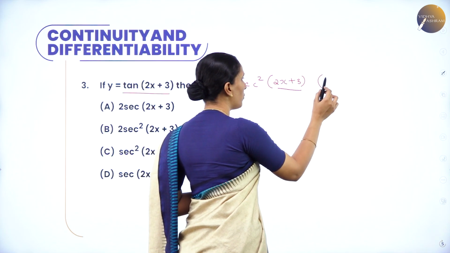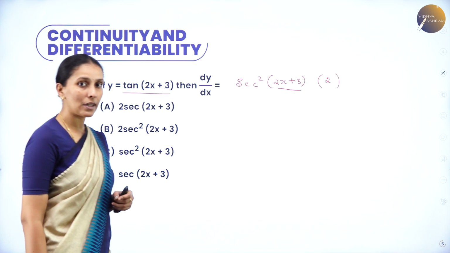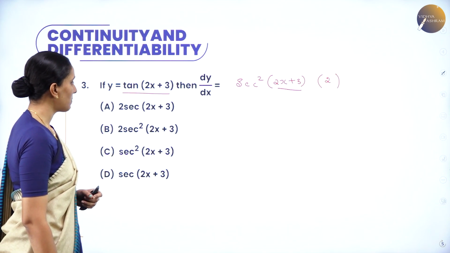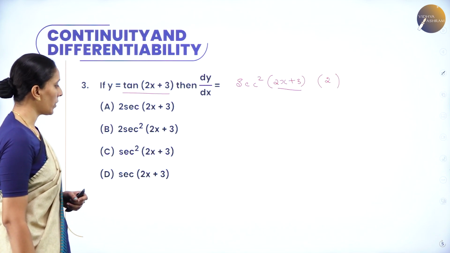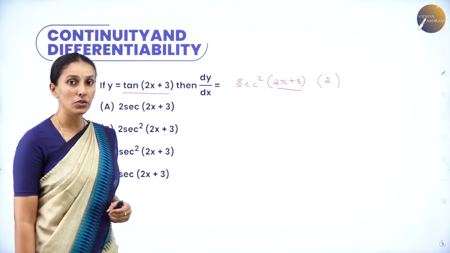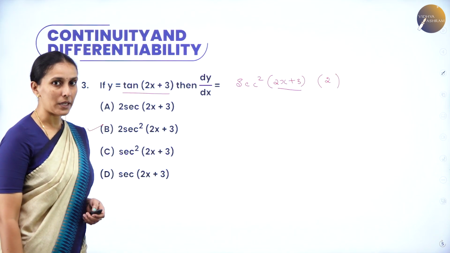The derivative of 2x is 2, the derivative of 3 is 0 because it's a constant. Among the options: 2 secant 2x plus 3, 2 secant square 2x plus 3, secant square 2x plus 3, secant 2x plus 3, we can clearly see it is 2 into secant square 2x plus 3, option B.